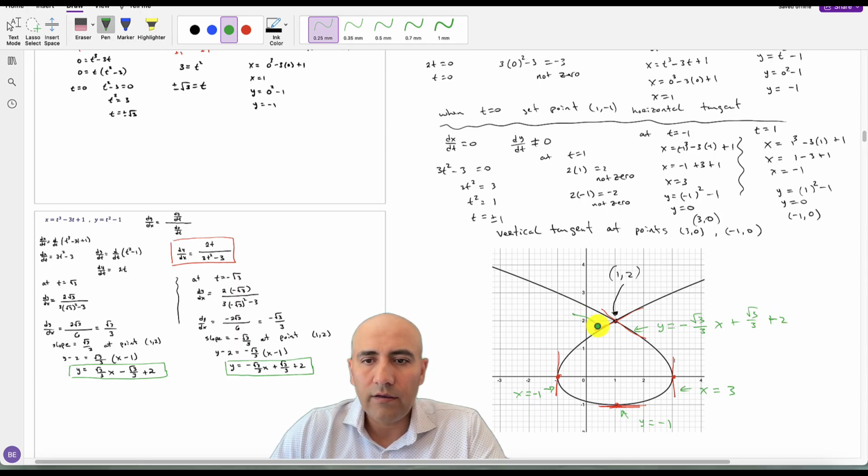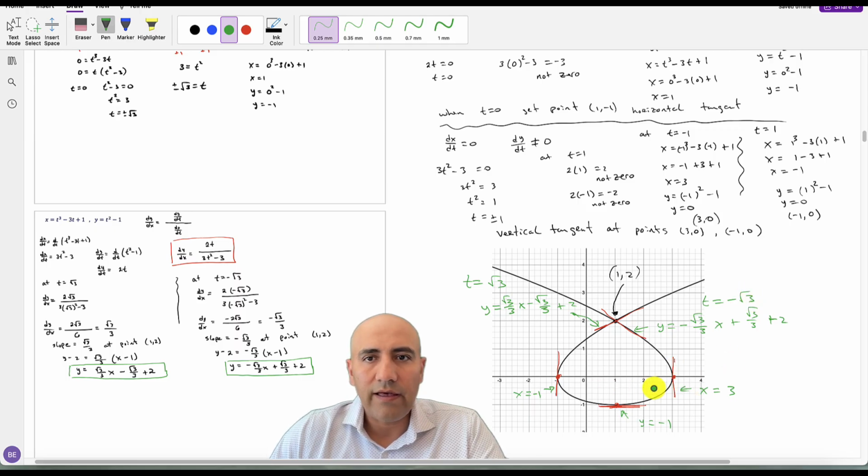Whereas this one over here is the other one, y equals positive root 3 over 3 x minus root 3 over 3 plus 2. That would be this equation that goes this way. And remember, this one's when t equals positive root 3. This one happens when t equals negative root 3.